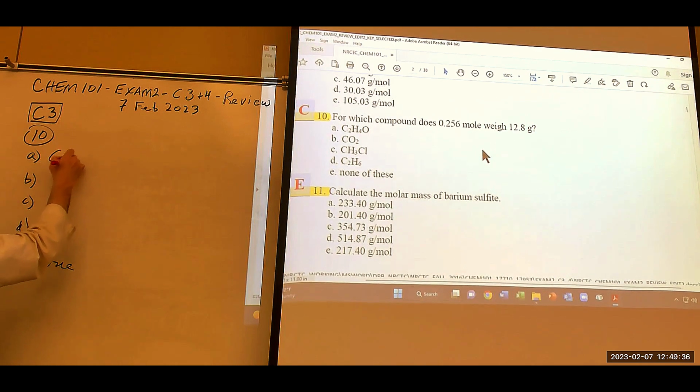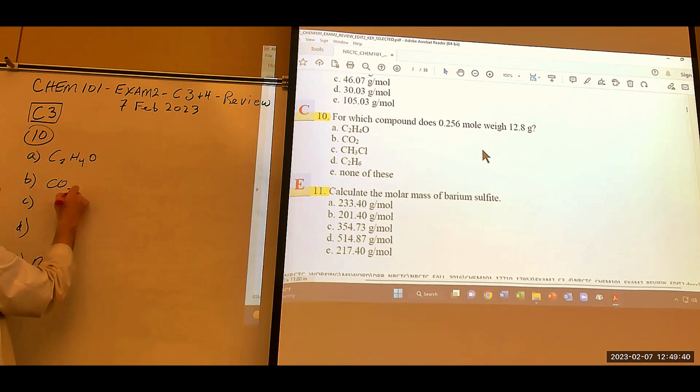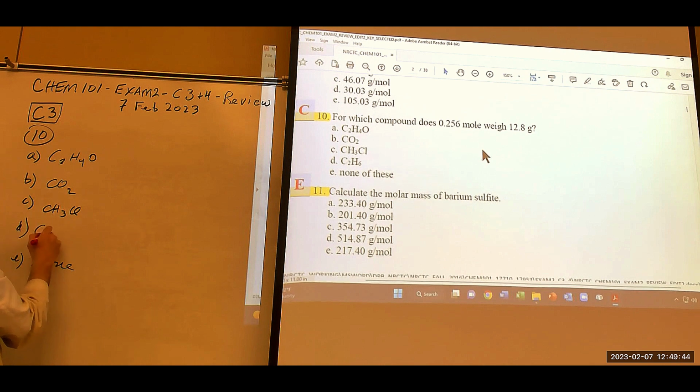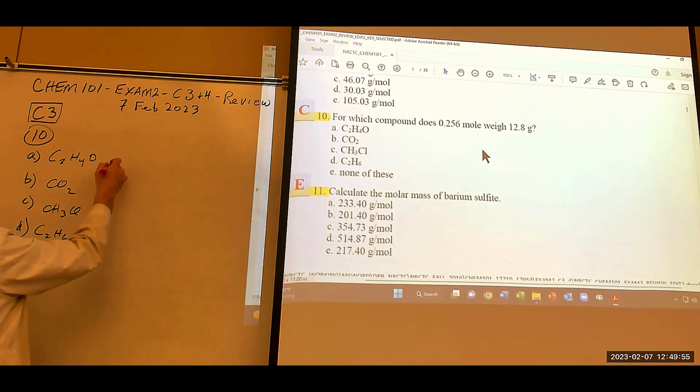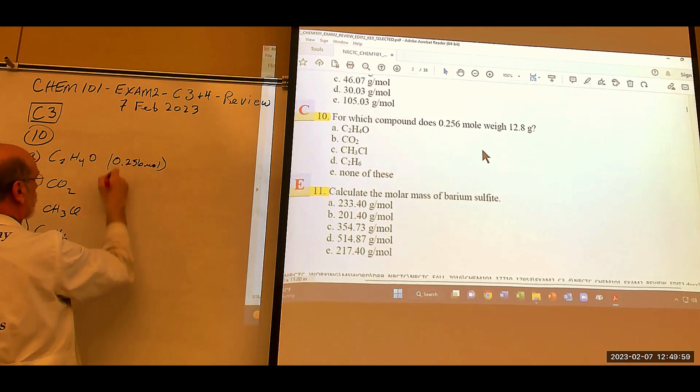So if we have this one, and this one, and this one, we're going to need to convert 0.256 moles into grams, for each one of them.